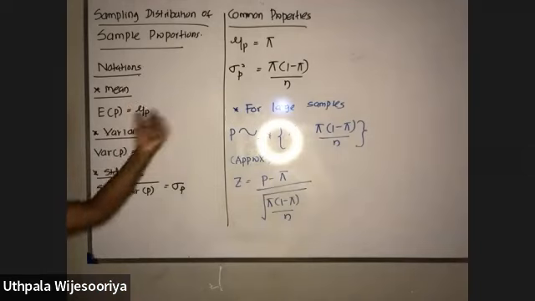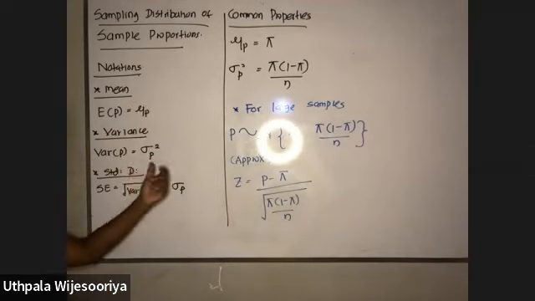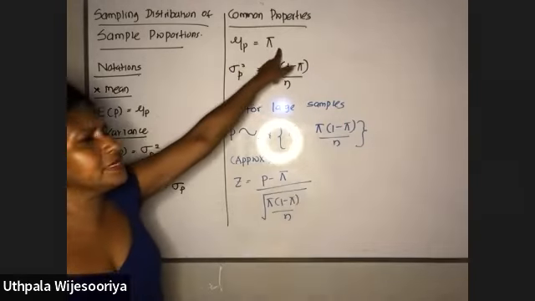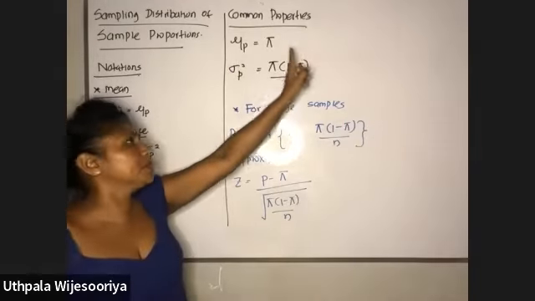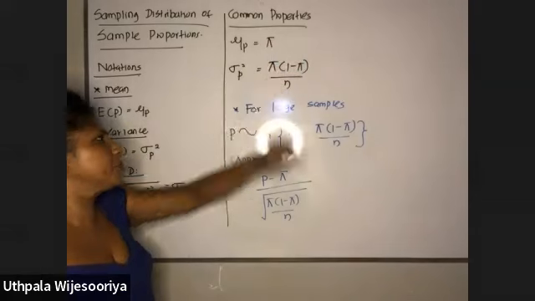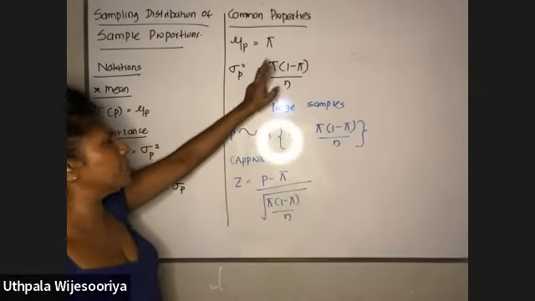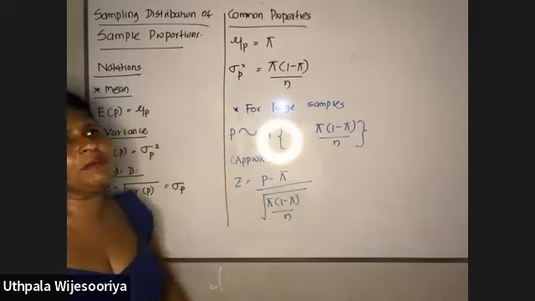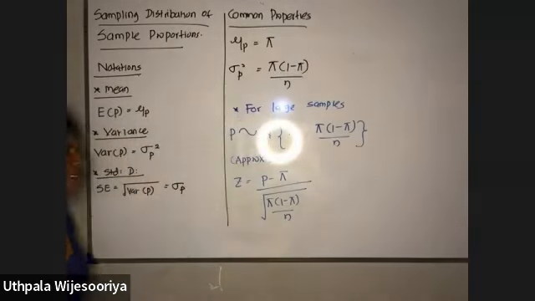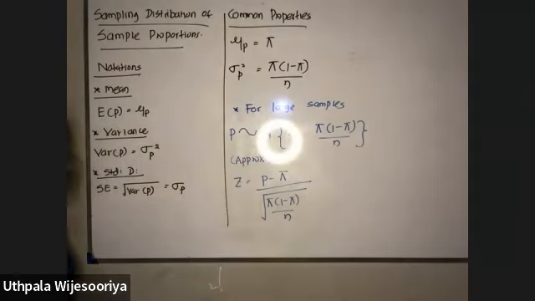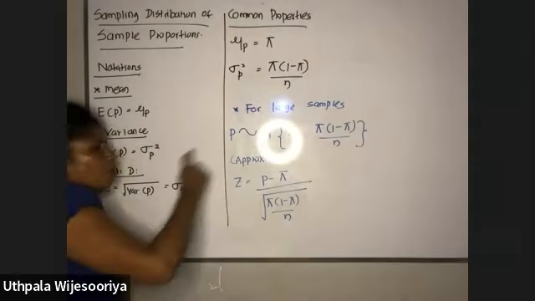Its mean is denoted as mu p, its variance as sigma square p, and the standard error is sigma p. The common properties: mu p is equal to pi, the population proportion, and its variance is the population proportion into 1 minus that, divided by the sample size. Under the condition of large samples, it is approximately normally distributed.